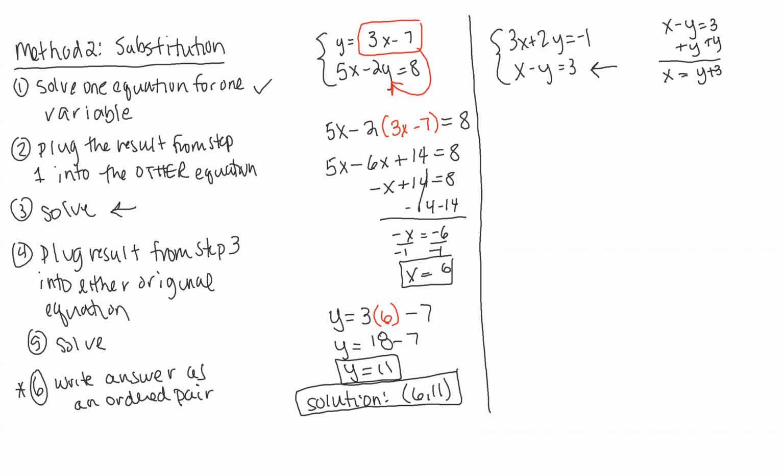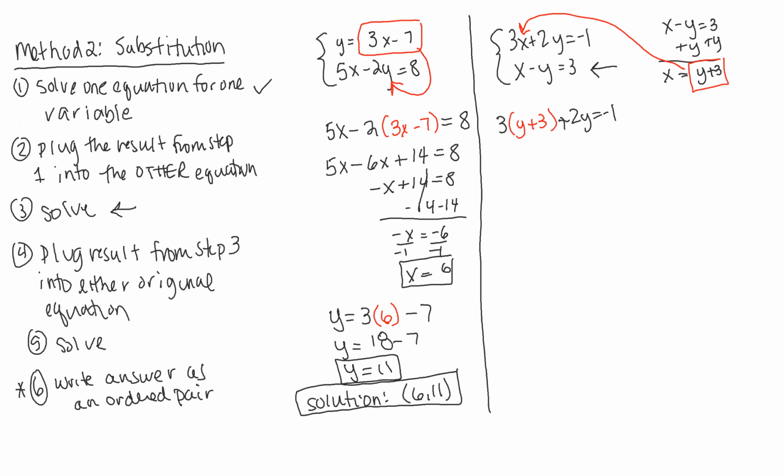So I'm going to take this value for x and plug it into the other equation, the first equation. Let me show you what that looks like. The first equation is 3x, but x is now y + 3, and then the rest of the equation is + 2y = -1.